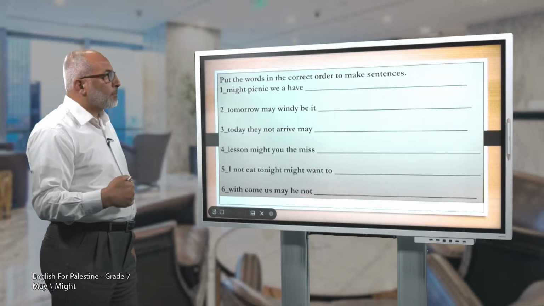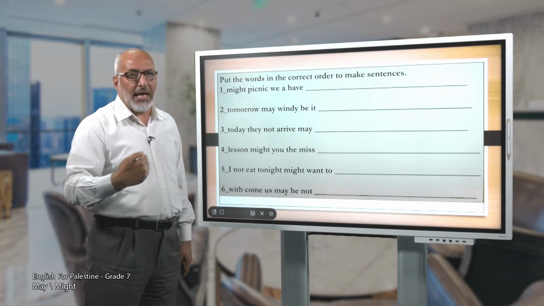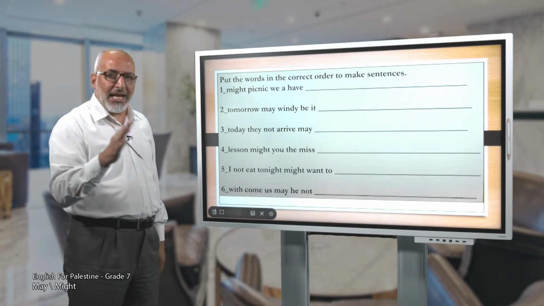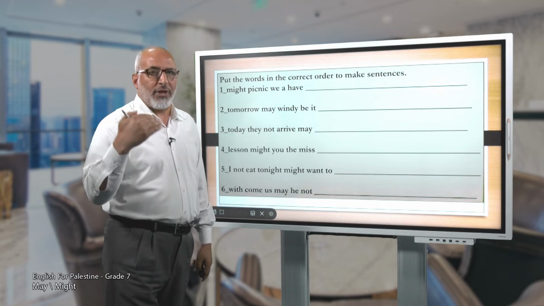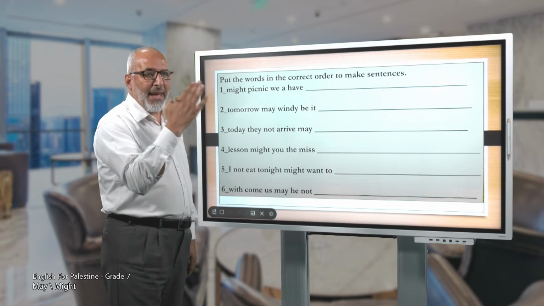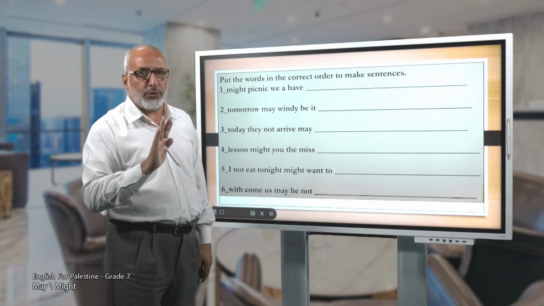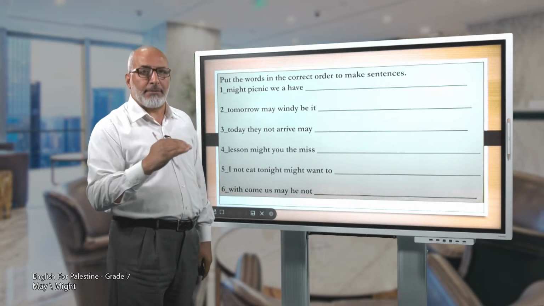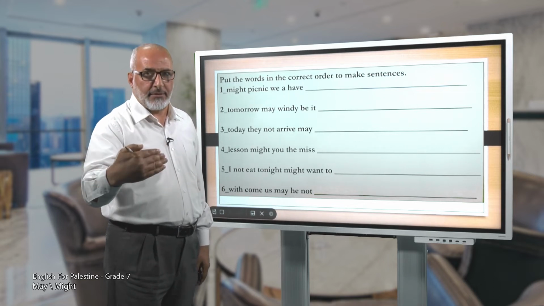Let's now practice doing this activity using may, might, may not, and might not. But before we start, I'd like to remind you of the main points. Number one, may and might have the same meaning. We use them when we say that something is possible.